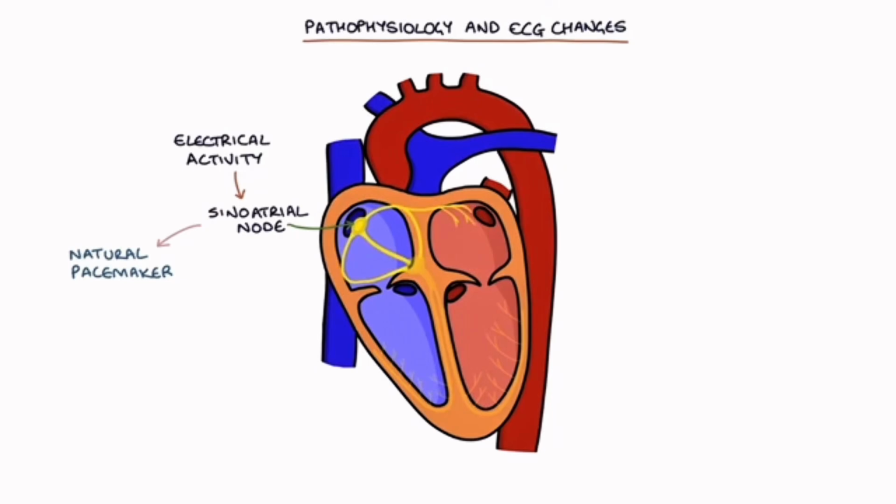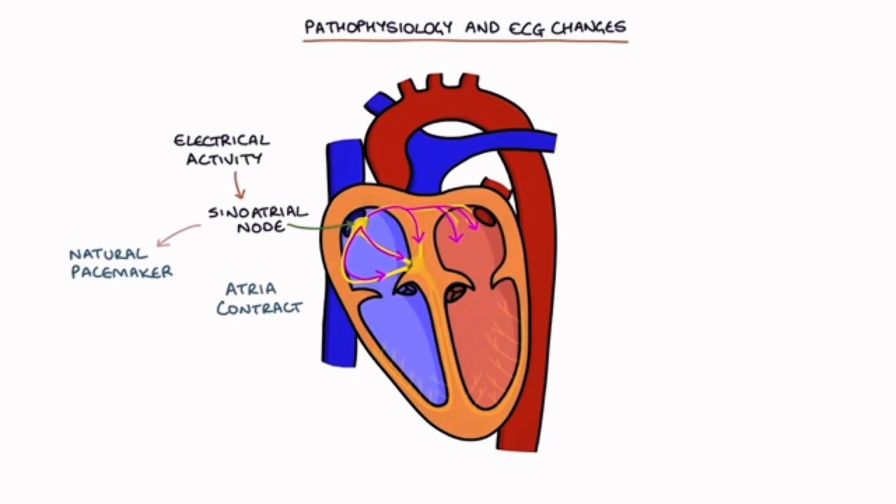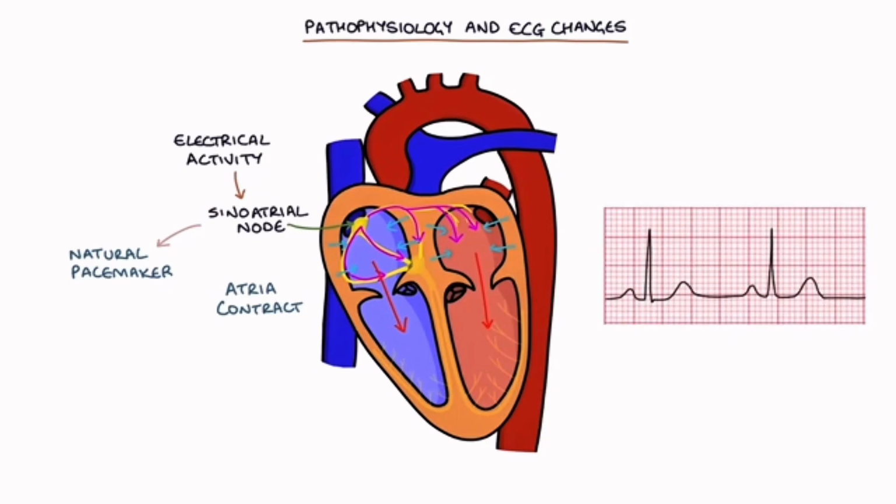The electrical signal starts in the sinoatrial node and then travels through the right and the left atrium, causing the atria to contract, pumping blood into the right and left ventricles. The coordinated electrical activity in the atria that causes them to contract is seen as the P wave on an ECG.